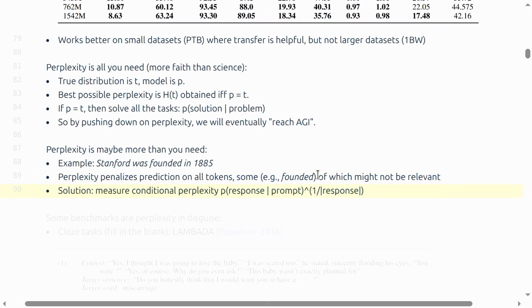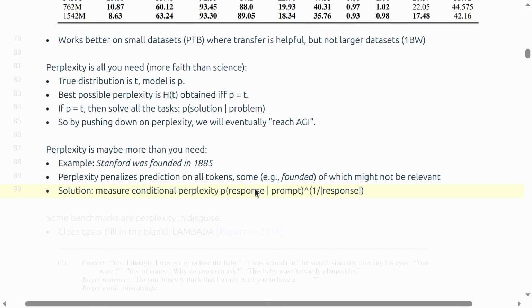So there is a bit of a solution here, which is you can always measure the conditional perplexity. You can condition on some prompt, and then measure the perplexity of the remaining response. That allows you to focus on certain tokens that you believe to be relevant, and less on others that are sort of incidental.